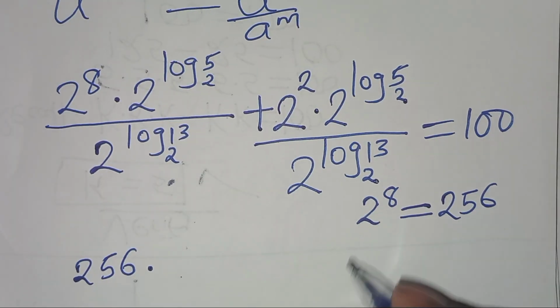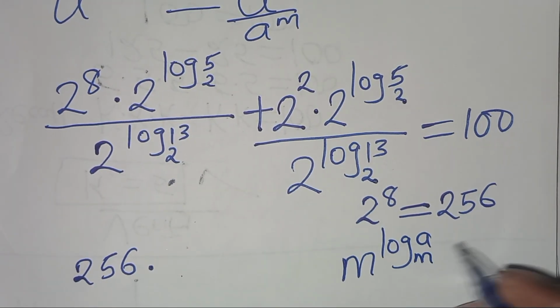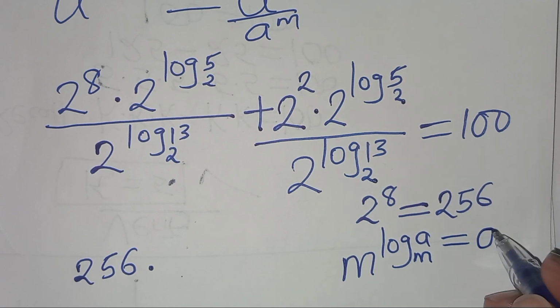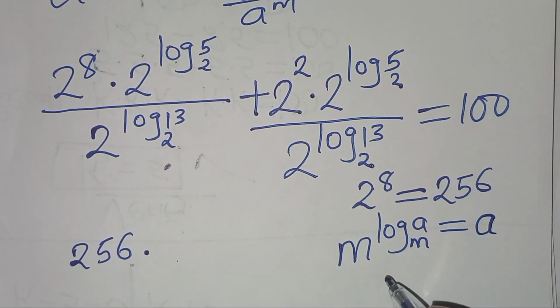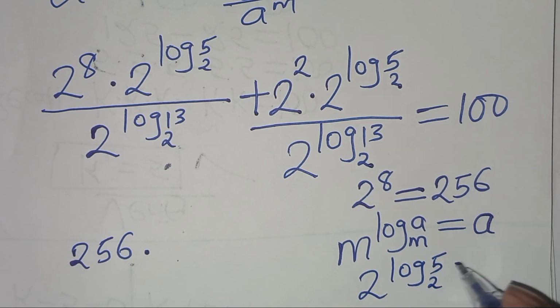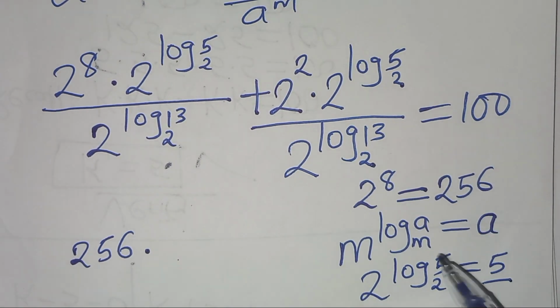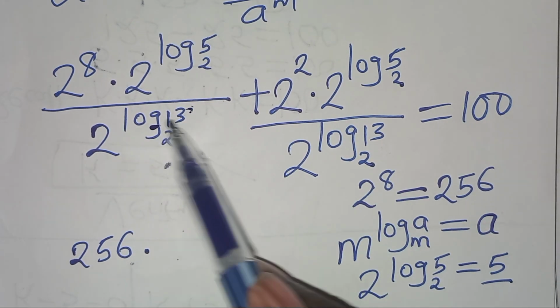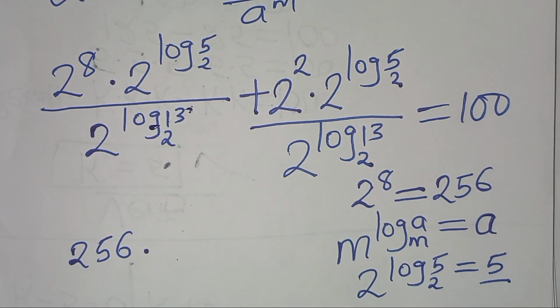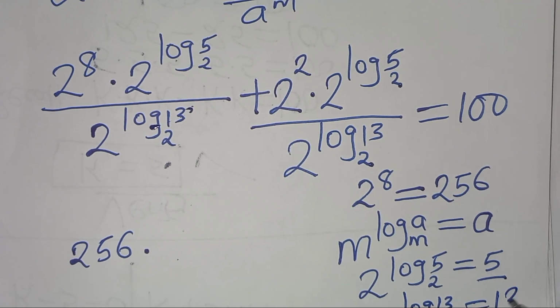This is actually in the form of m to power log a to base m, and this is supposed to give us a value of a. And therefore, 2 to power log 5 to base 2, this is going to give us a value of 5. The same case here, 2 to power log 13 to base 2, this will give us a value of 13.